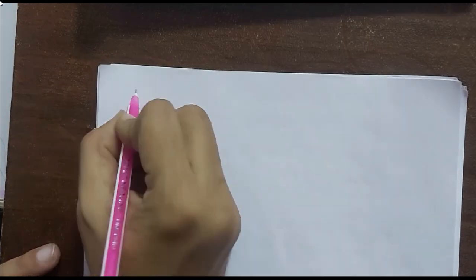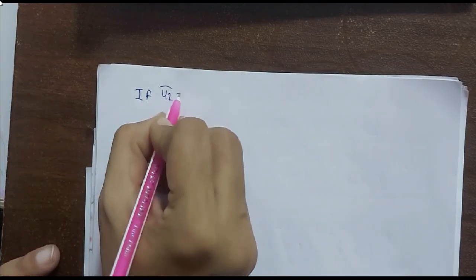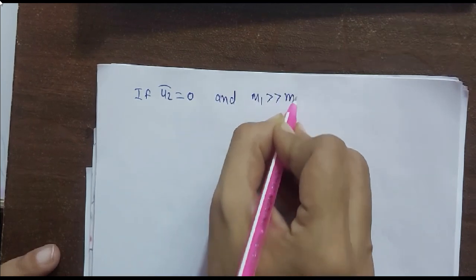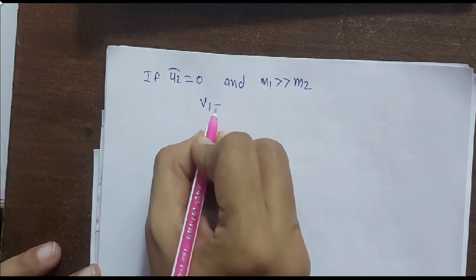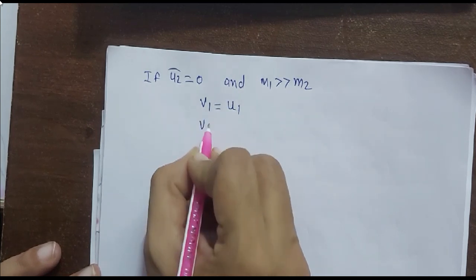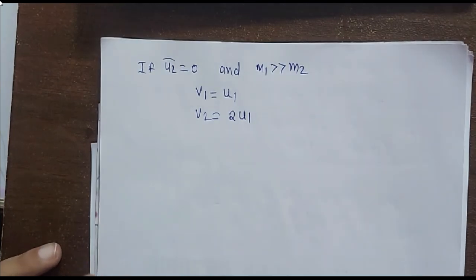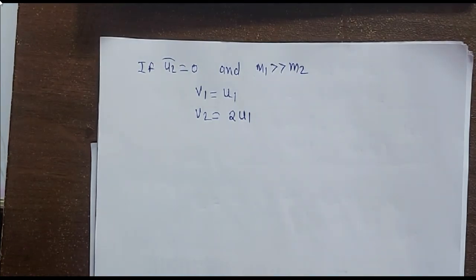On the other hand, if u2 bar is equal to 0 and m1 is much greater than m2, in that case v1 will be equal to u1 and v2 is equal to 2 times u1. Hence, when a heavy particle, for example our truck, is colliding with a bike, the heavy truck continues at the same speed after collision.